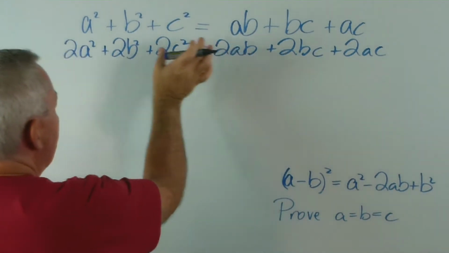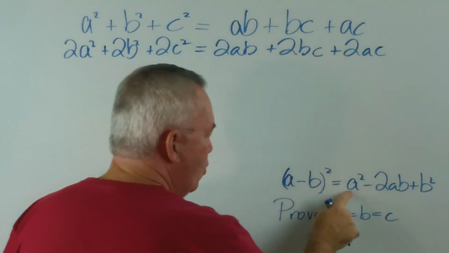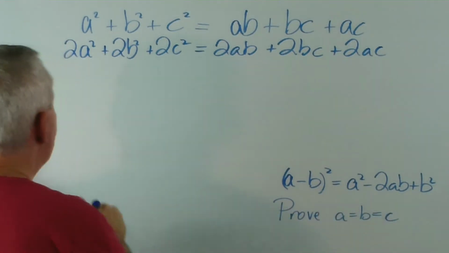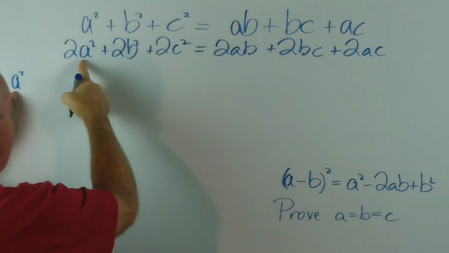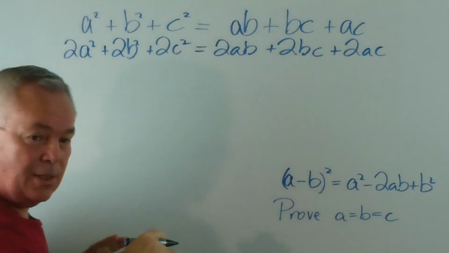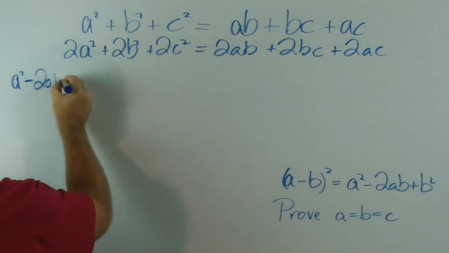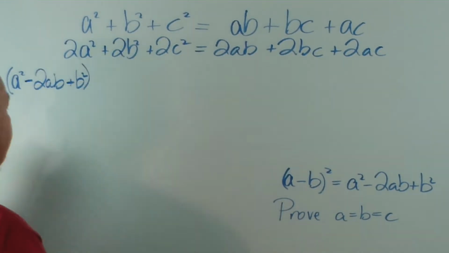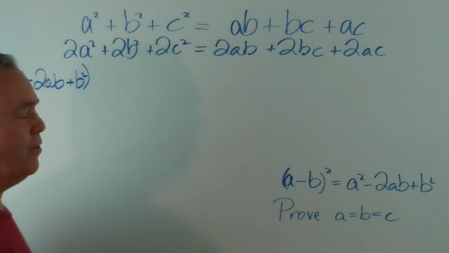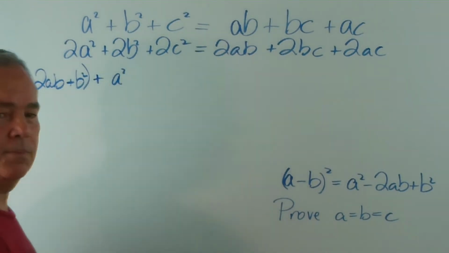If I bring this over to this side, and I want to use just one of the a squareds and one of the b squareds, this is what I get. I get a squared, one of those, so we're going to have another a squared somewhere else. Bring this over, and the b squared, I'm going to put parentheses around that. What's left? Well, we've still got that other a squared, remember?